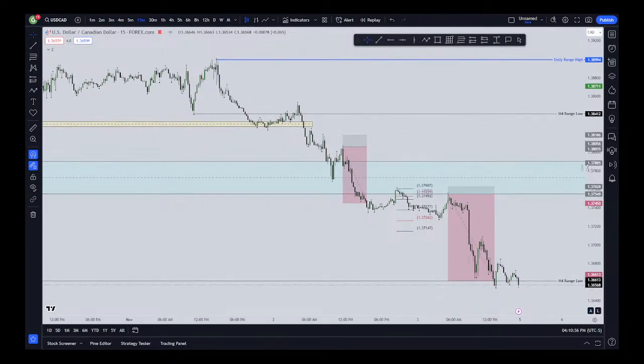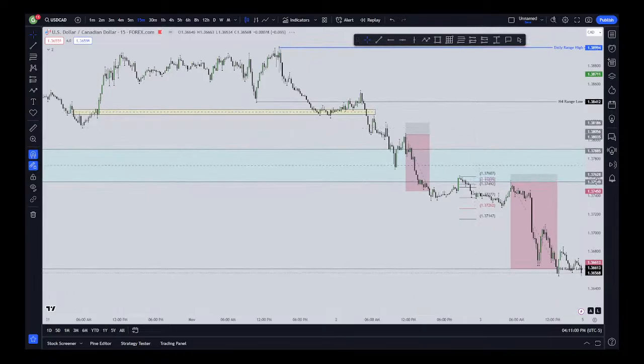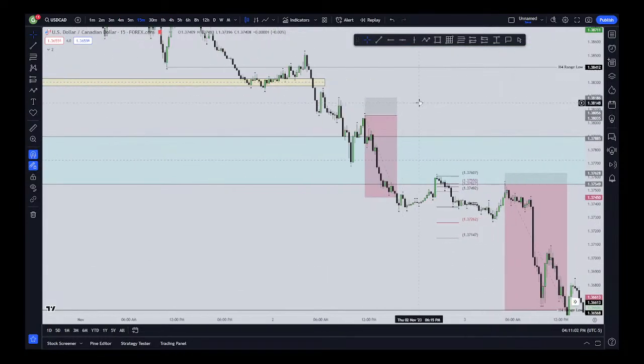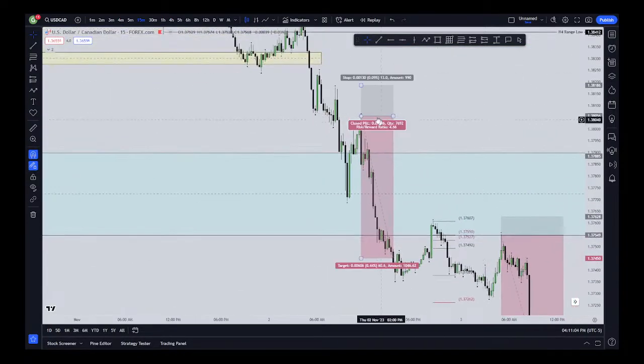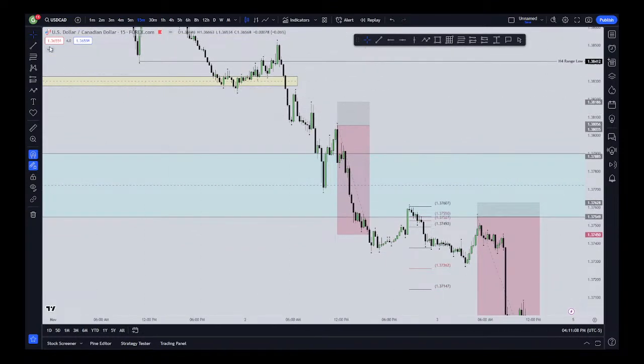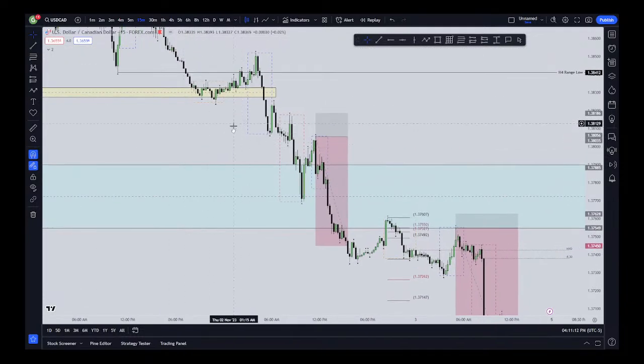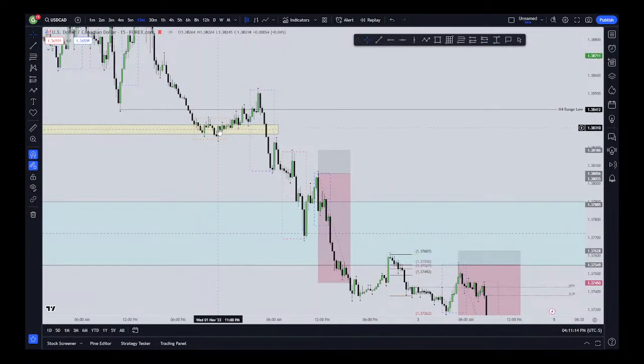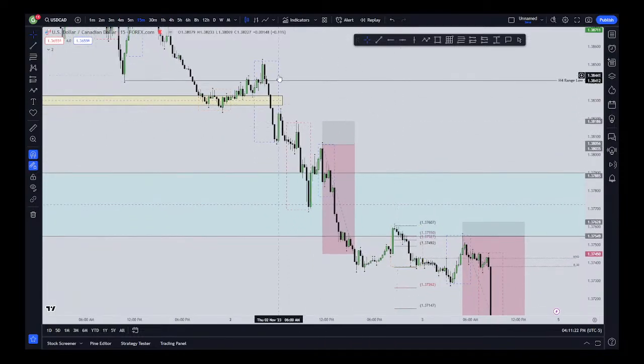Okay, so here we go. Here is this first potential trade that we could have taken right here. So if we were to take out our sessions so we could see them better, here is the Asian manipulation or accumulation, London manipulation, and then New York distribution, which acted as a continuation of the London session range.